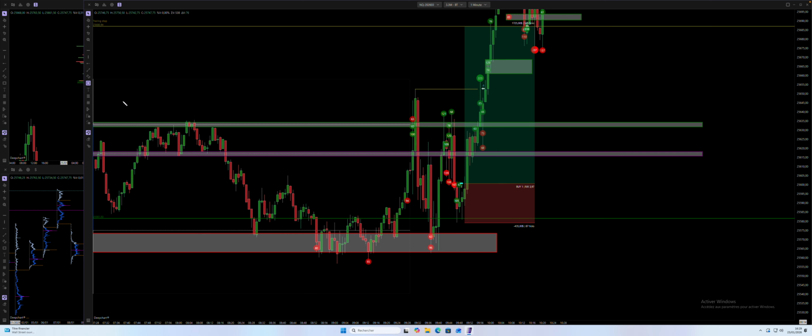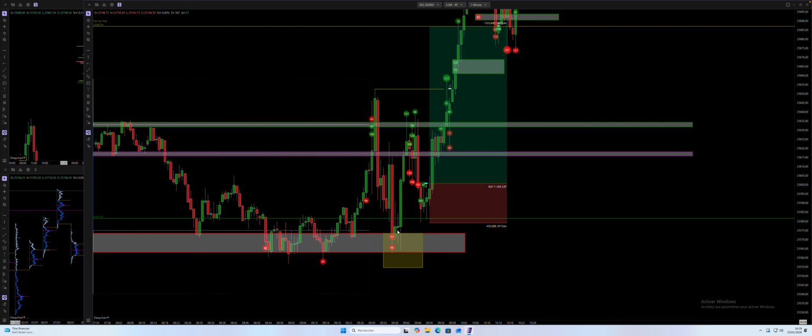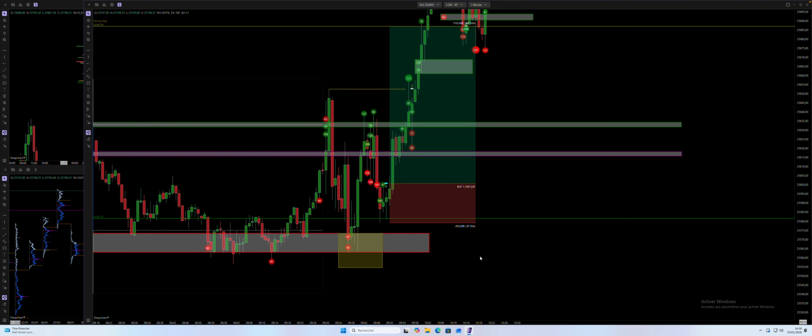So this is an absorption pattern. These sellers were absorbed by aggressive buyers. We came back into the value area high of this range, and then we dropped a second time into the value area low in the 1 hour time frame.